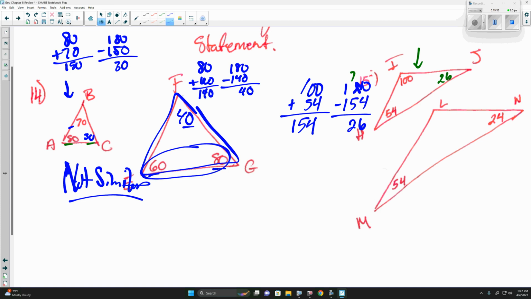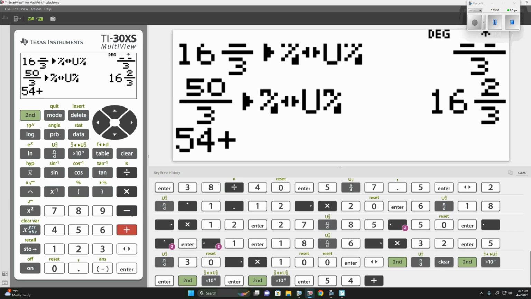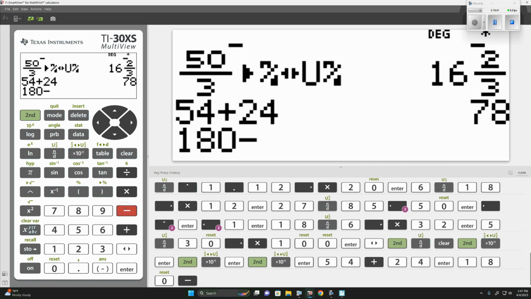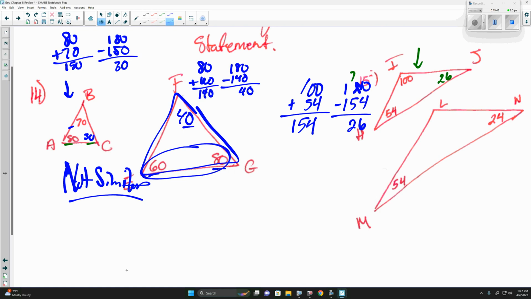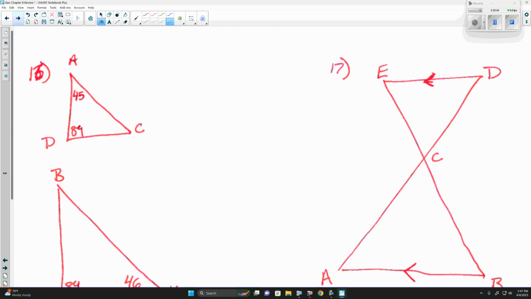So no. Because if we did 54 and 24, we can do that in a calculator. 54 plus 24 is 78. 180 minus 78 is 102. So it's adding together. Really, you're just finding the third angle and seeing if they're matching. Once we know all 3 angles, 2 of them should match. If 2 of them don't, then it's not going to work.